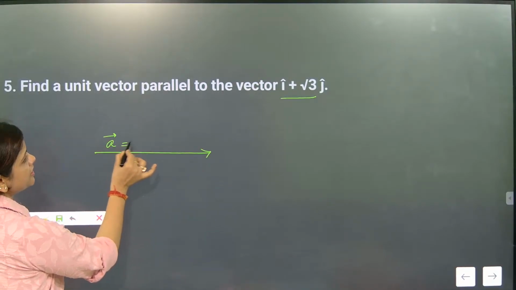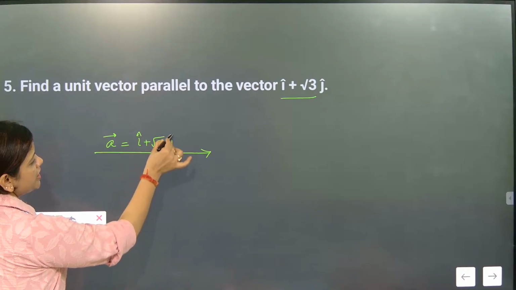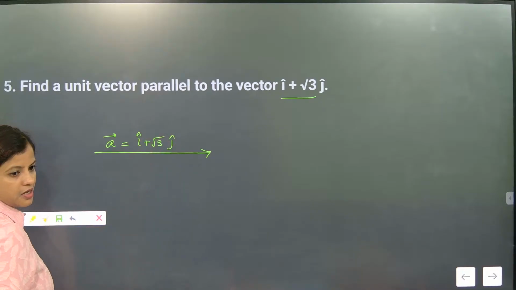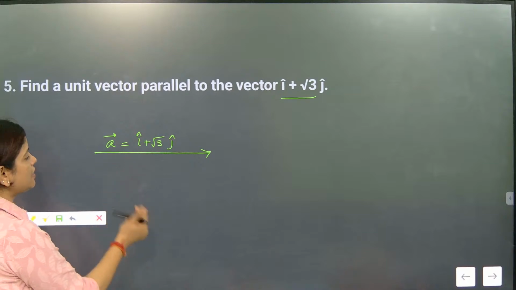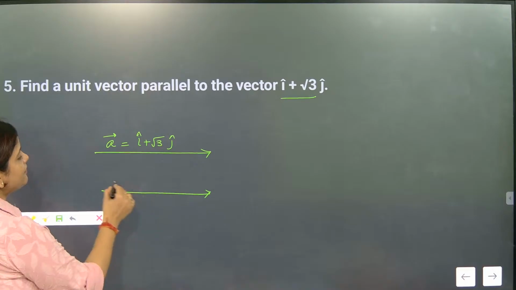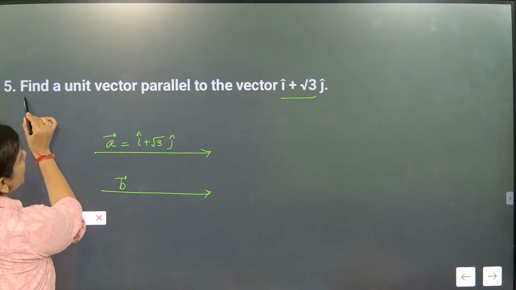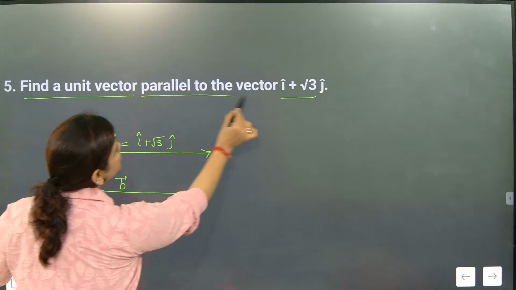A vector is written as i cap plus root 3 j cap. Done? Now beta, this vector is parallel to another vector. Let that vector be B vector. They are saying find a unit vector parallel to the vector.